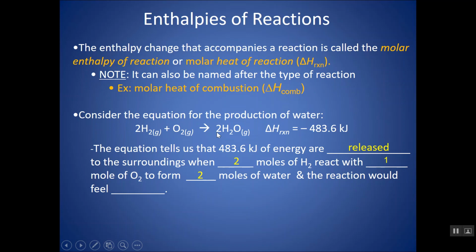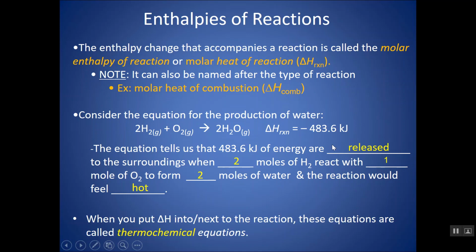Notice I'm following the coefficients here. And since it's negative and heat's released, the container would end up feeling hot to my hand. The surroundings would be gaining that heat, and their temperature would be going up. When you put delta H next to the equation, we now call it a thermochemical equation.